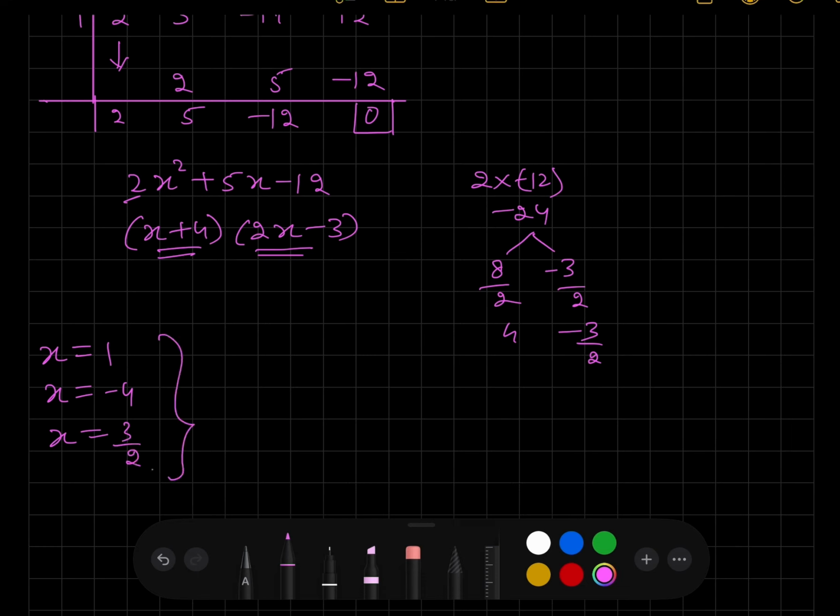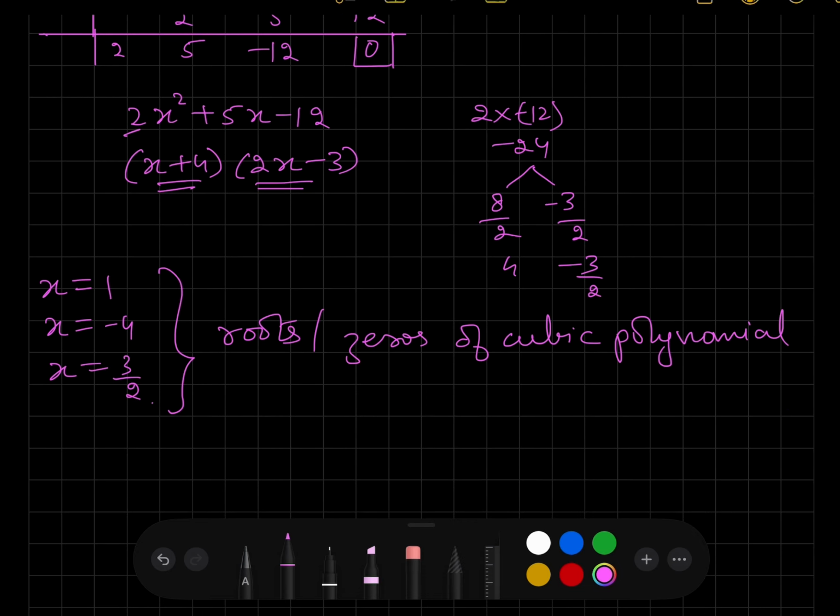So these are the three solutions, or we say roots, or we say zeros of the cubic polynomial, right? So zeros or roots, what does it mean?